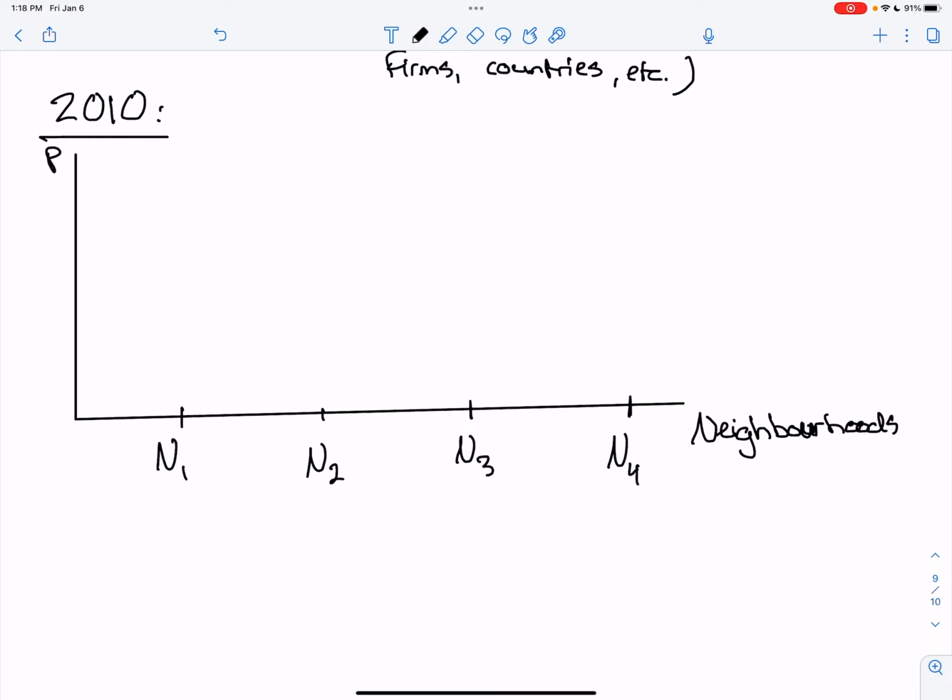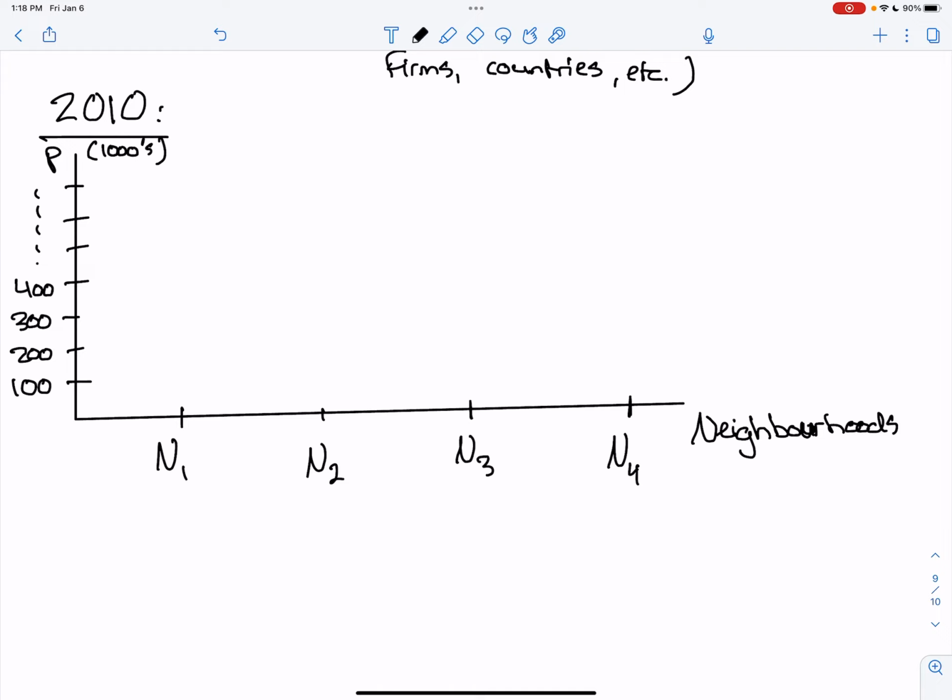And now you'll have different values along this axis. So maybe this is in thousands of dollars. Okay, so you might have 100,000, 200,000, 300,000, 400,000, etc., right?